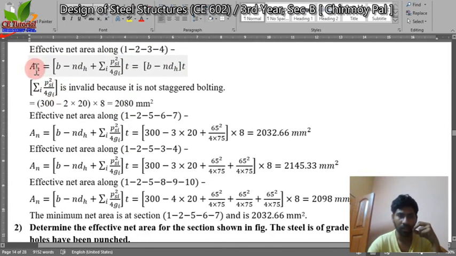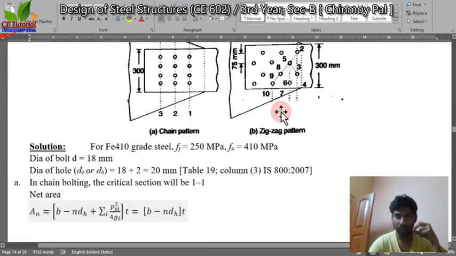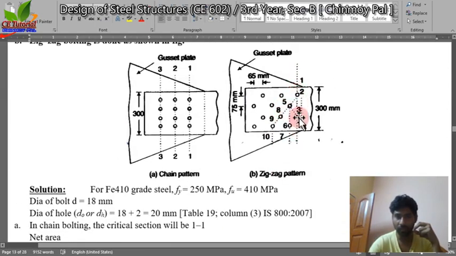So our net area formula is: An is equal to b minus n dh plus summation of p s square by 4 gi into t. For the first case, we don't have any diagonal line, 1, 2, 3, 4.